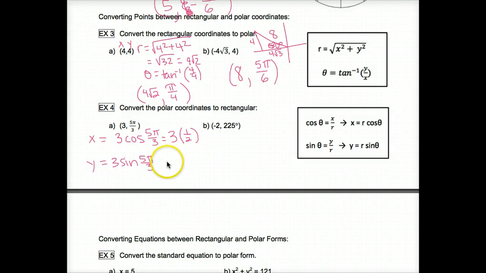The sine value at 5 pi over 3 is radical 3 over 2, and in quadrant 4, that's negative. So that gives me as my x value, 3 times 1/2 is 3/2. And as my y value, I get negative 3 radical 3 over 2.